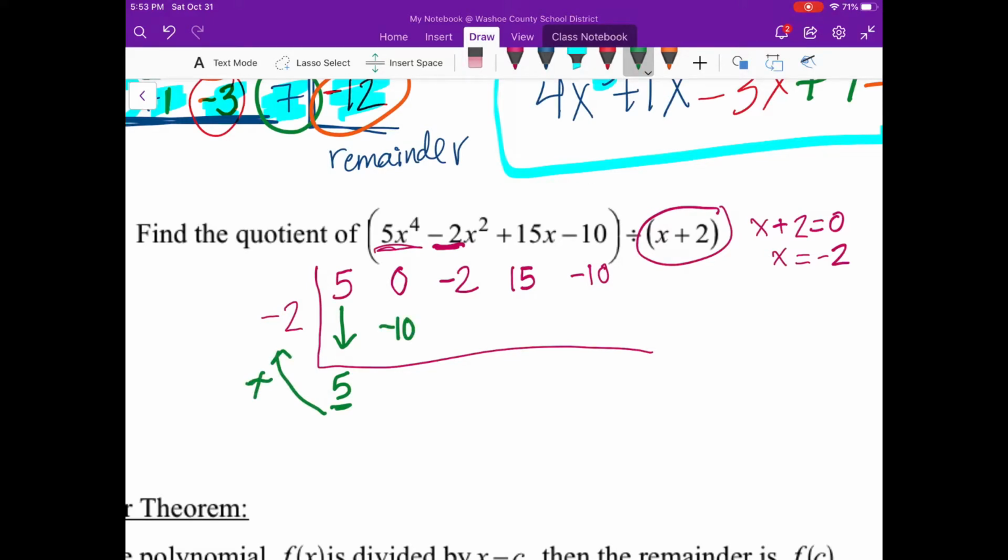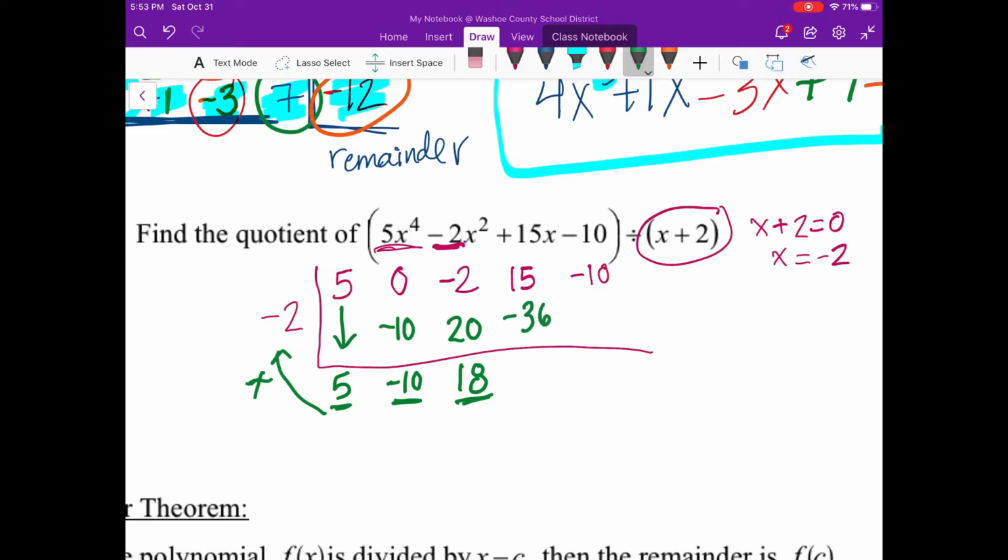Add 0 plus negative 10 is negative 10. Multiply negative 10 times negative 2 is a positive 20. When I add negative 2 plus 20, I get a positive 18. Keep going. 18 times negative 2 is negative 36.